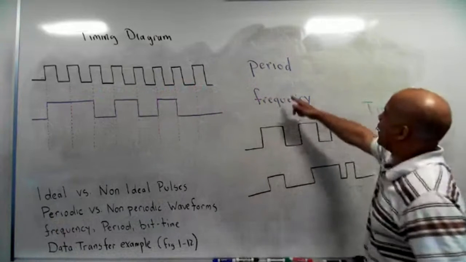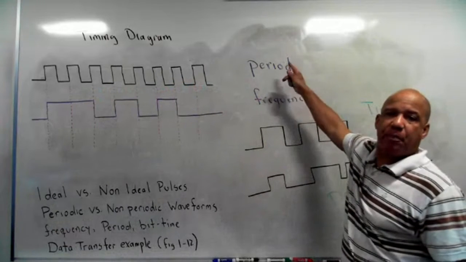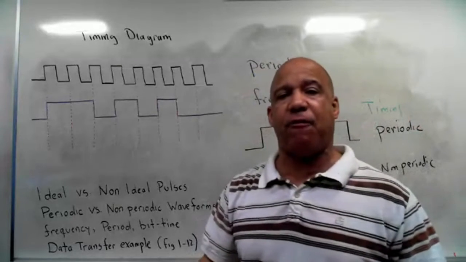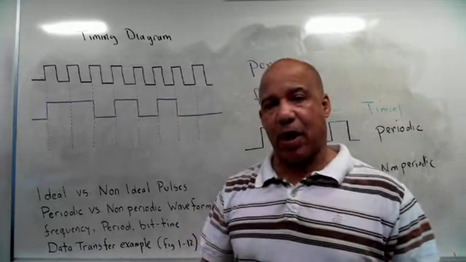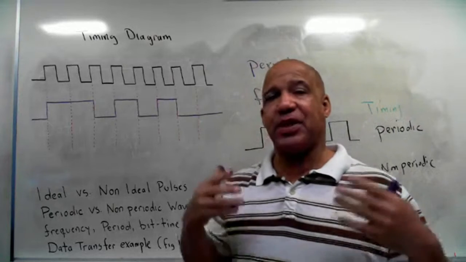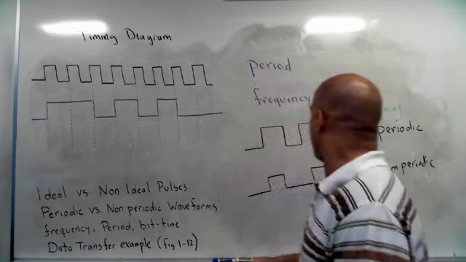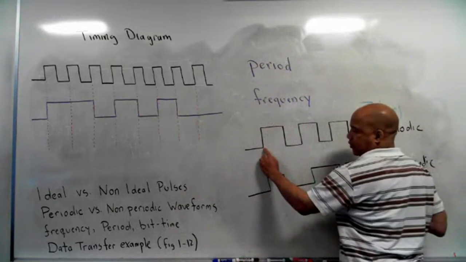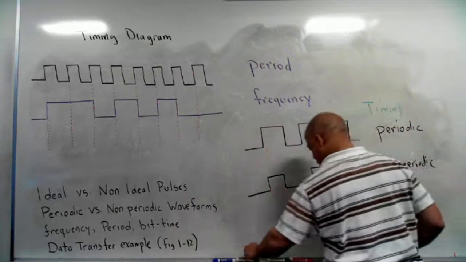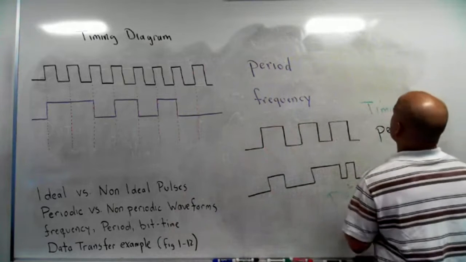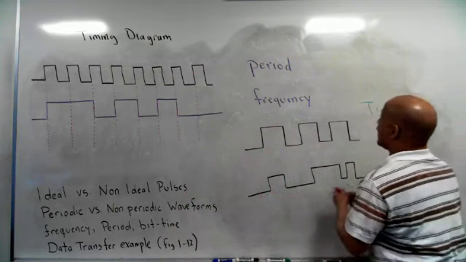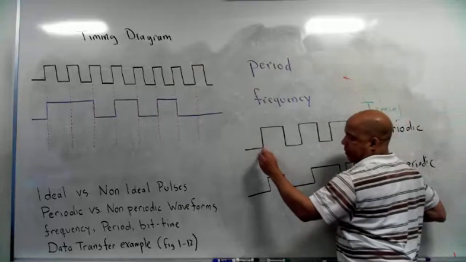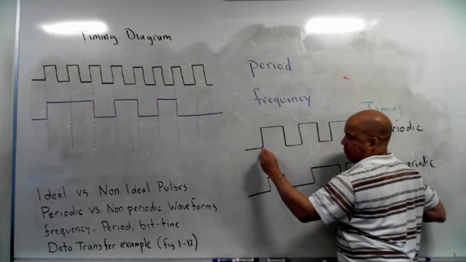Well, the period of a digital waveform is how much time it takes for one cycle of the waveform to repeat itself. How much time does it take? So for example, let's say I start right here at this corner. That's my starting point.